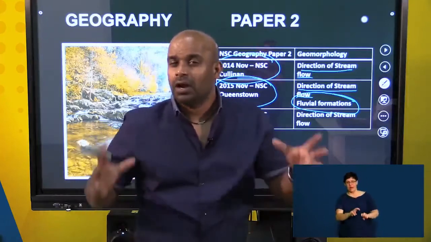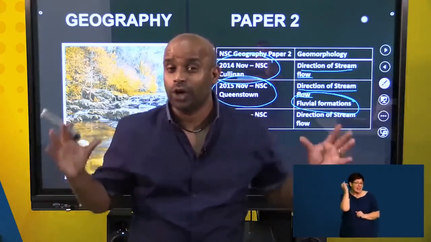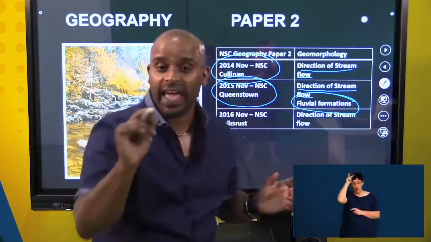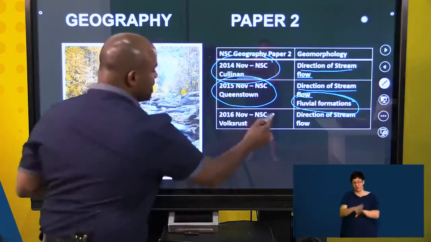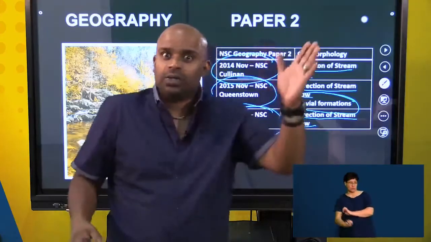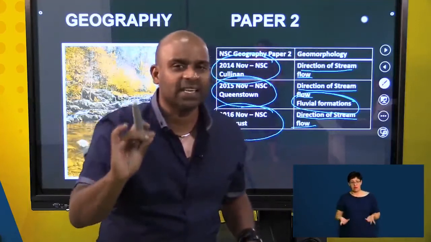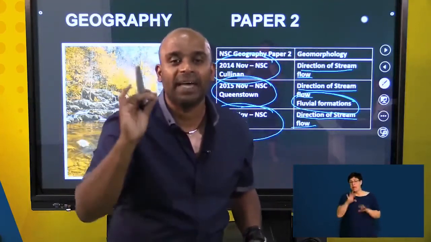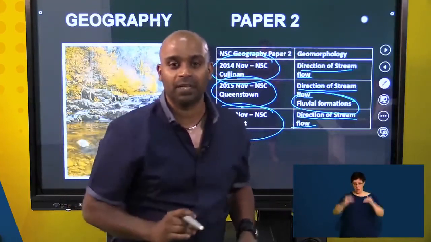Can you see, lots of theory here, and your knowledge needs to come together and integrate on a map. In 2016, on the map of Falklands, the direction of stream flow, again, whether the river is flowing in a northerly, southerly, easterly, westerly, southeasterly direction, all that is simply determined by the heights on a topographical map.